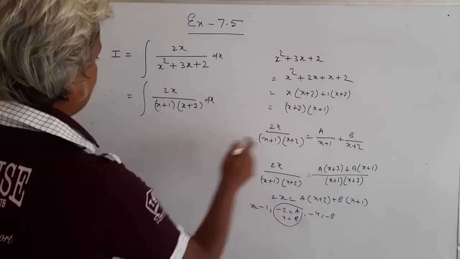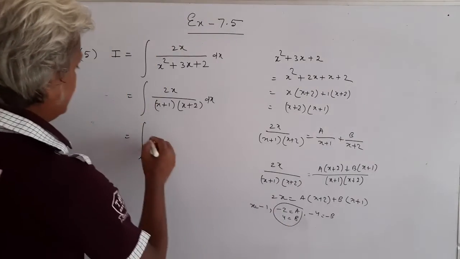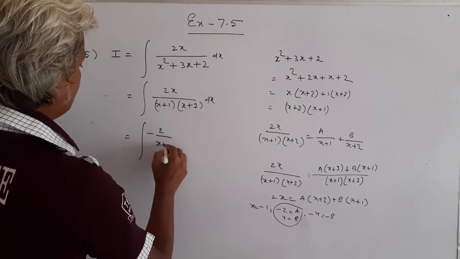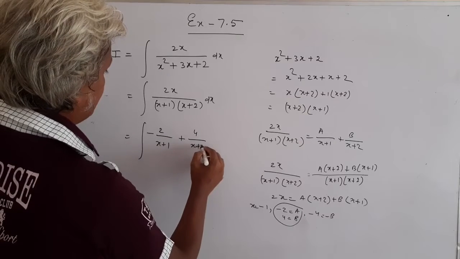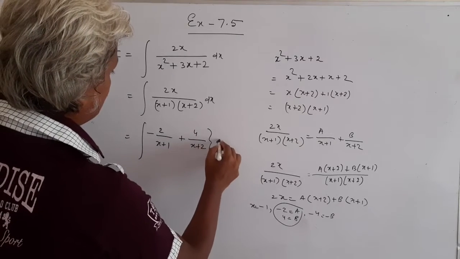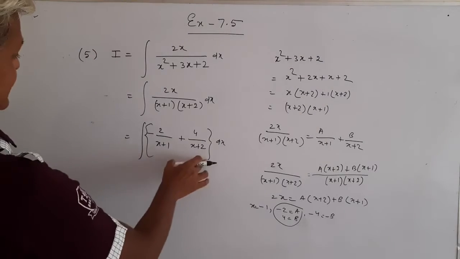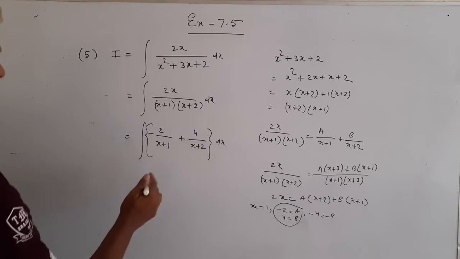Now our fraction becomes a, that is minus 2 over x plus 1, and b is 4 over x plus 2, dx. Now I have to find the integration of this expression, but before that I have to break this down into two integrals.